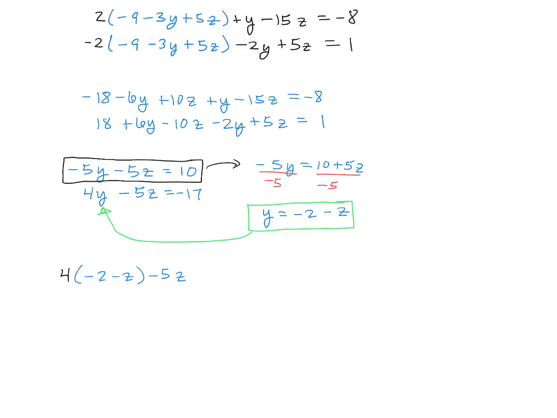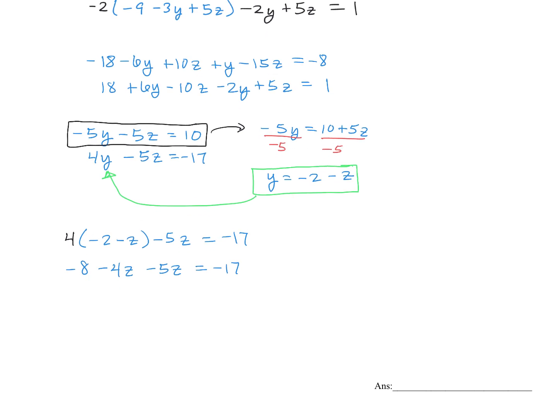Be careful. Again, distribute and combine like terms. Negative 8 minus 4z minus 5z equals negative 17. Combining like terms, negative 9z minus 8 equals negative 17.